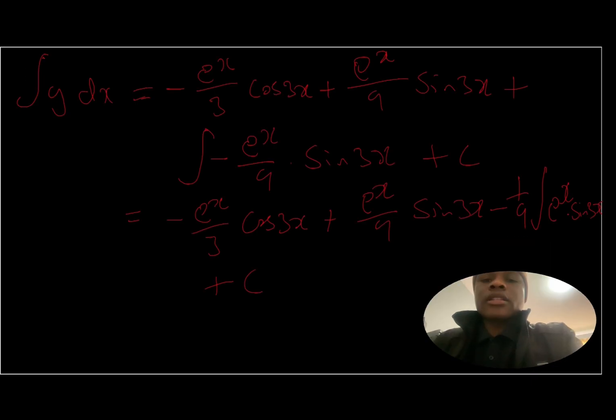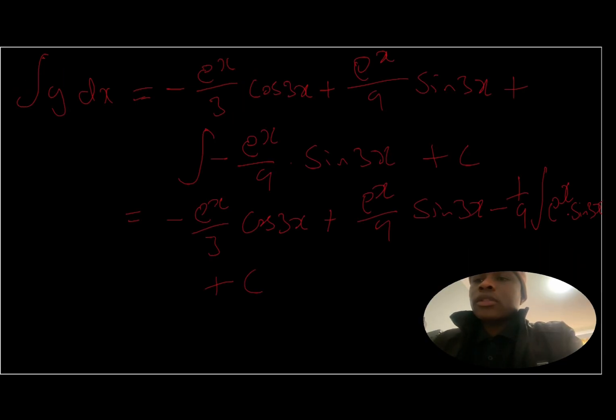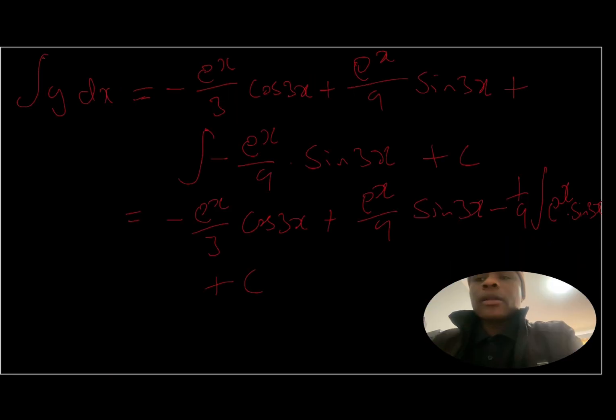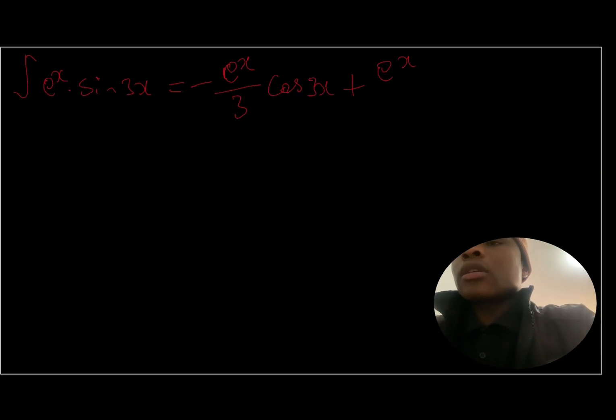It is equal to, let's write everything that is equivalent to it, negative e^x over 3, I made a mistake there, sorry, over 3 cos 3x, yes it's a cos, plus e^x over 9 sin 3x minus 1 over 9 integral of e^x sin 3x dx plus c.